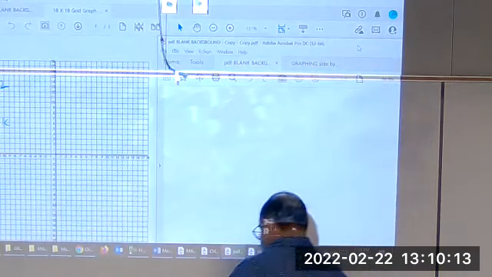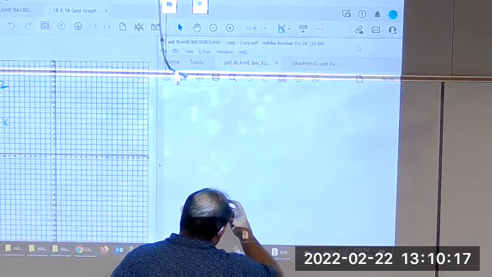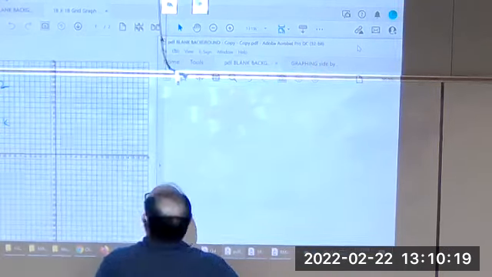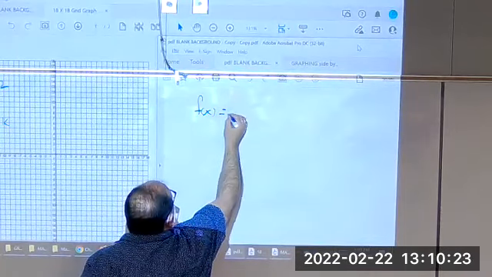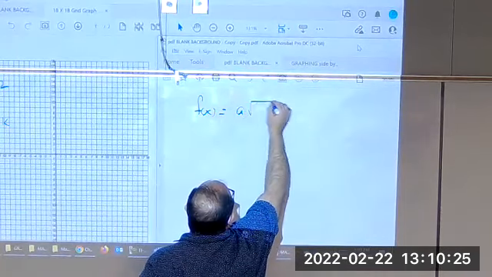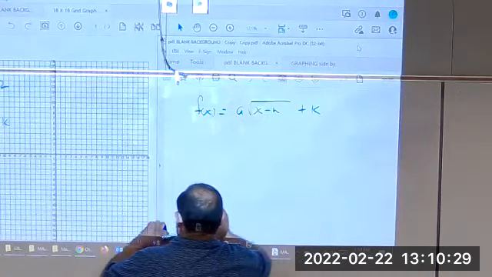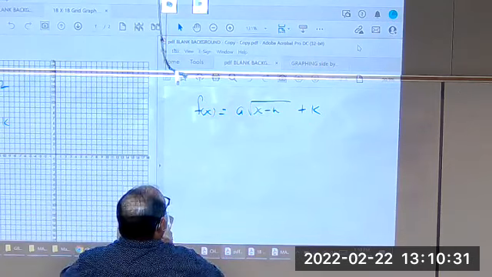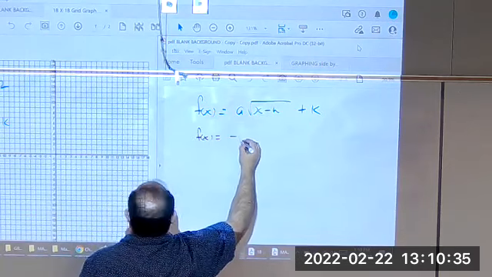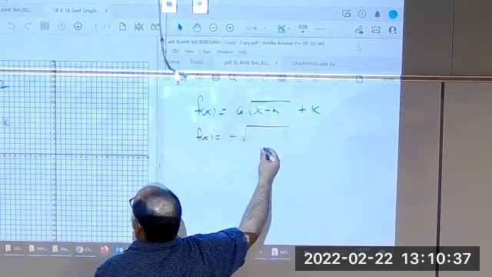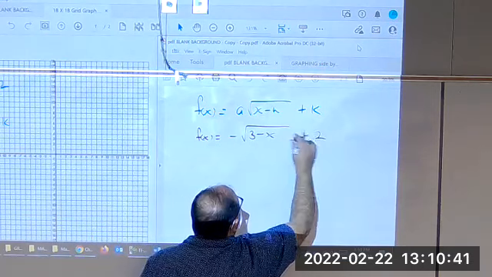I want to know if there's any horizontal or vertical flips. So for a square root, a square root, and then x inside minus h, and then a plus k. And right now you're looking at f of x, negative square root, you have 3 minus x, and then a plus 2.